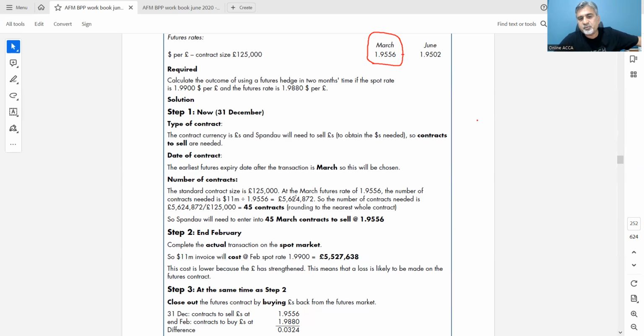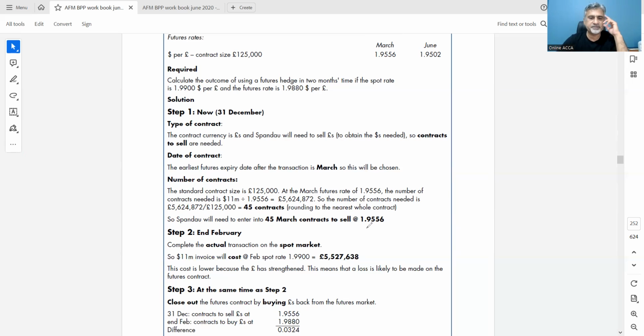And 5,624 divided by the contract size of 125 gives you 45 contracts. So that spender company will need to enter into 45 contracts to sell at the rate of 1.9556. So I'm selling 45 contracts of 125,000 sterlings each at 1.9556.